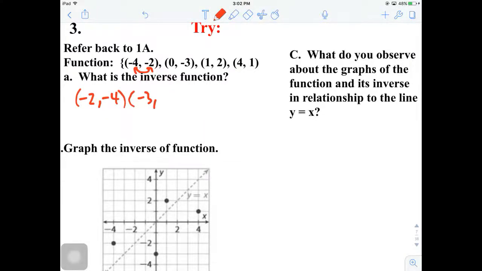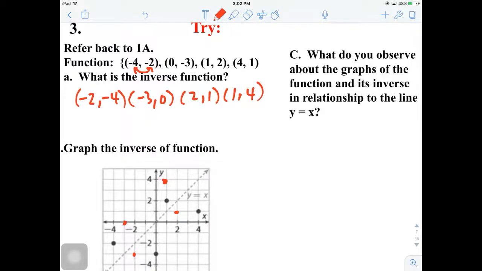So we'll have -3, 0, 2, 1, and 1, 4. That's switching the input and the output. And part B, graph the inverse. So we're going to have -2, -4, -3, 0, 2, 1, and 1, 4.